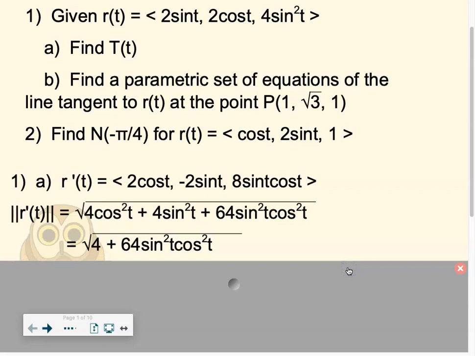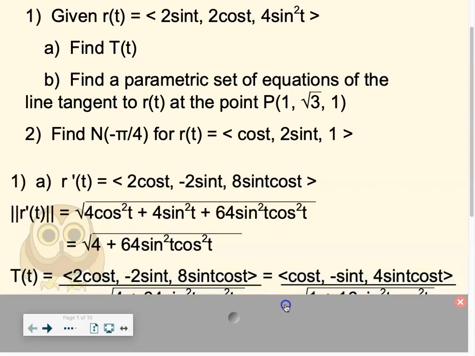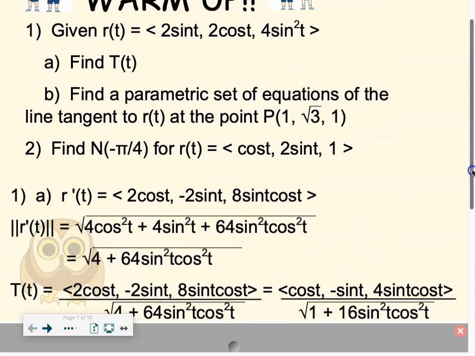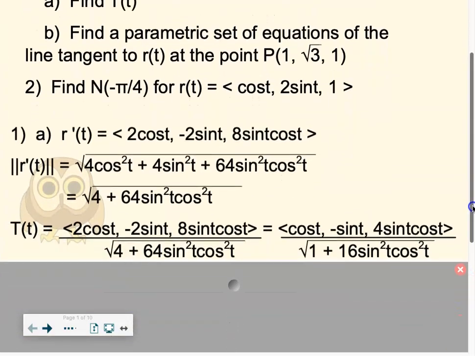I cleaned up the magnitude of r prime by saying that 4 cosine squared plus 4 sine squared is 4. You don't have to, but it sure makes your life a lot simpler. So there's the magnitude of r prime, and then there's your T of t. Isn't that lovely?